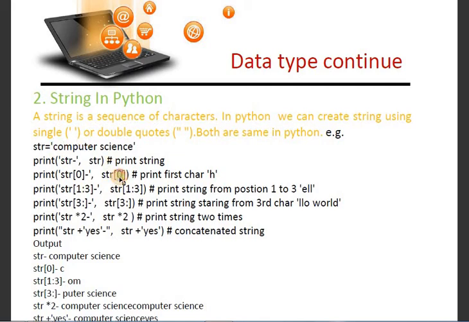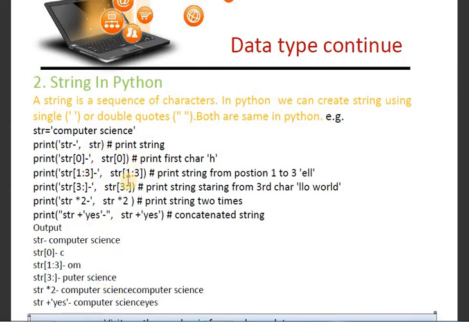So here 0 means the character on the 0th position, index number. Now this is the slicing in the string, means starts from 1 and up to n minus 1. So here the answer will be 0. If I write 0, 1, 2, 3, it will show me om. You all know, because we have already discussed all these things in class 11th.